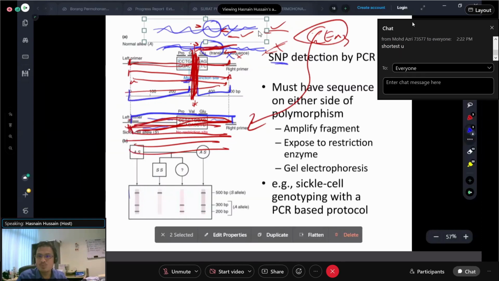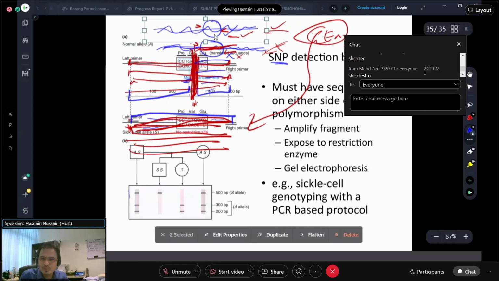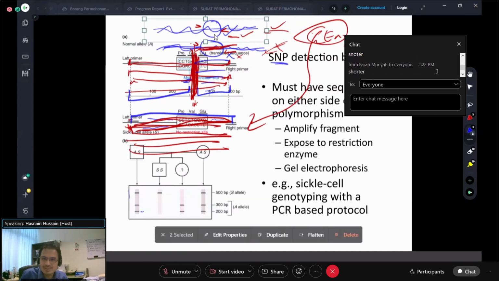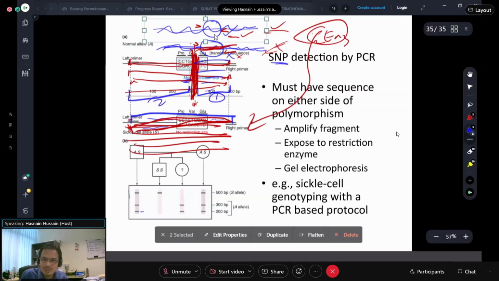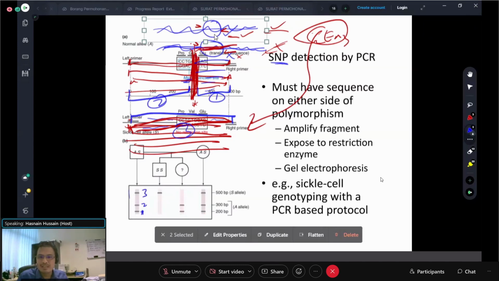So in this case, the short fragment of this will move further to the bottom, whereas this one will move a bit slower, so this will be the second one. This one is number one, this one number two, this one number three. So this is an example of the migration of the DNA.